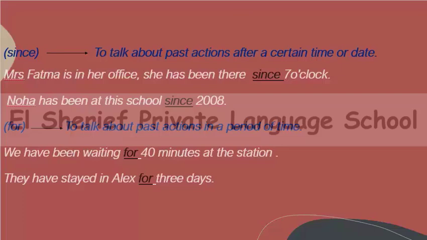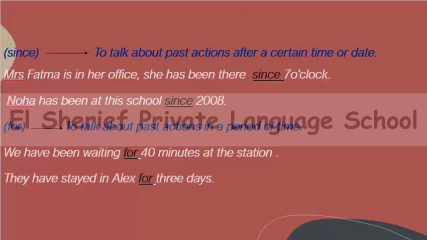Like Mrs. Fatma is in her office. She has been there since 7 o'clock. So Mrs. Fatma went to her office at 7 o'clock and she is there till now. Okay, till the moment of speaking.